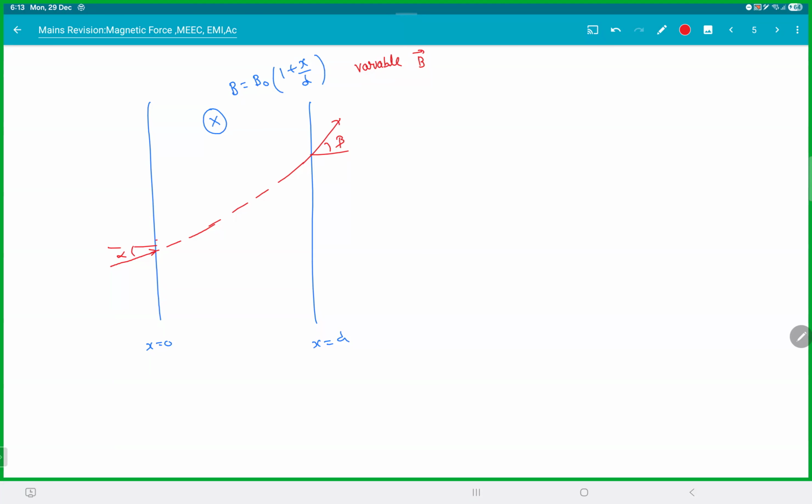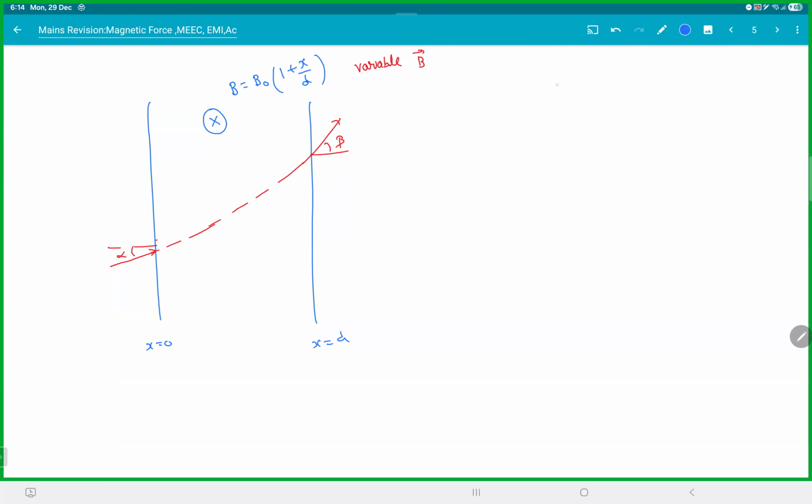This would go actually beyond mains. You need to know that the variable thing.